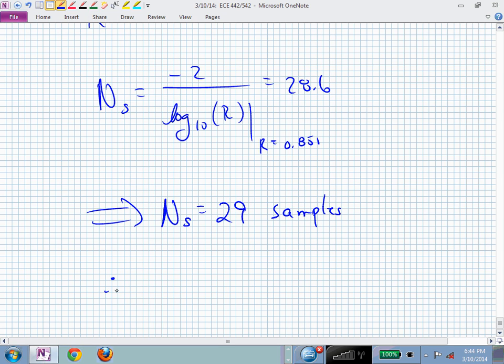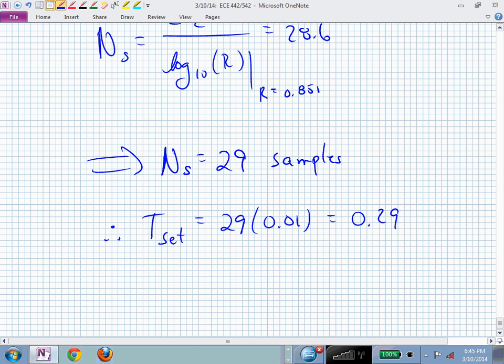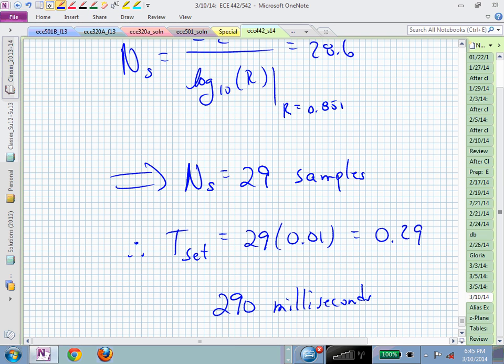Or a settling time in actual seconds is n sub s times T, which is 290 milliseconds versus the 500 milliseconds. We wanted 500 milliseconds or less. We are now settling much more rapidly than we were before, and that's actually the punchline that I tried to get to last time.